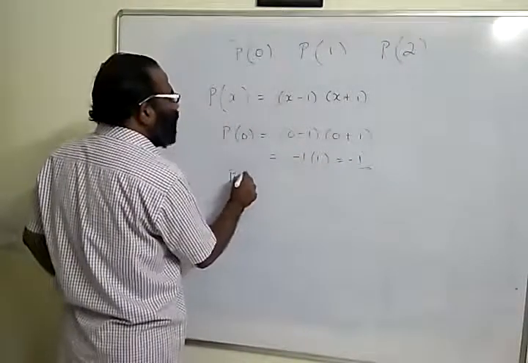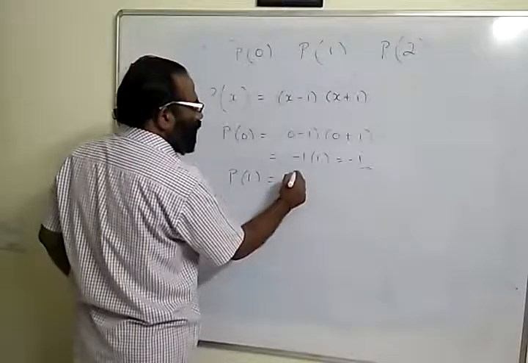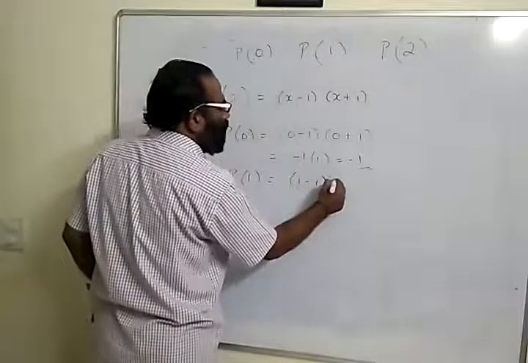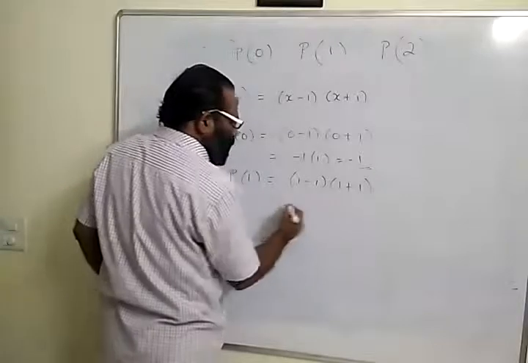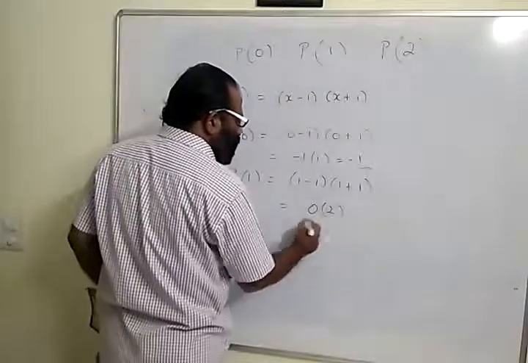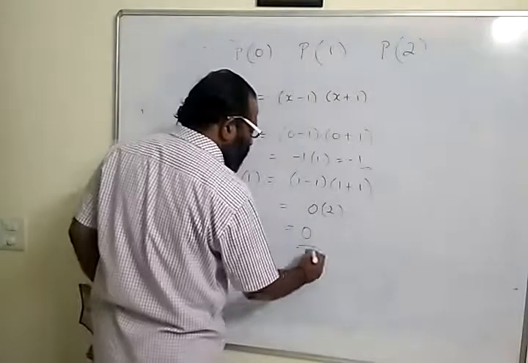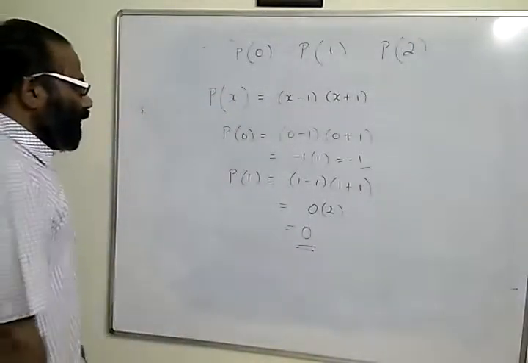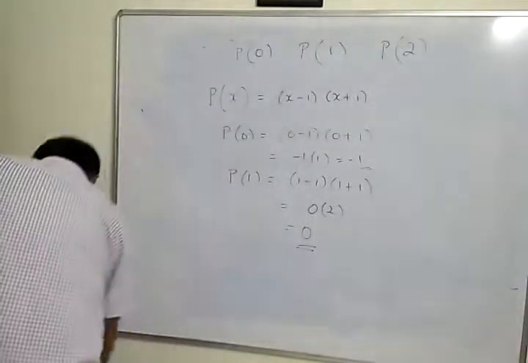So next, p of 1. P of 1 would be 1 minus 1 into 1 plus 1. So this is a 0. So 0 into 2, which is equal to 0. Now the last one is p of 2.